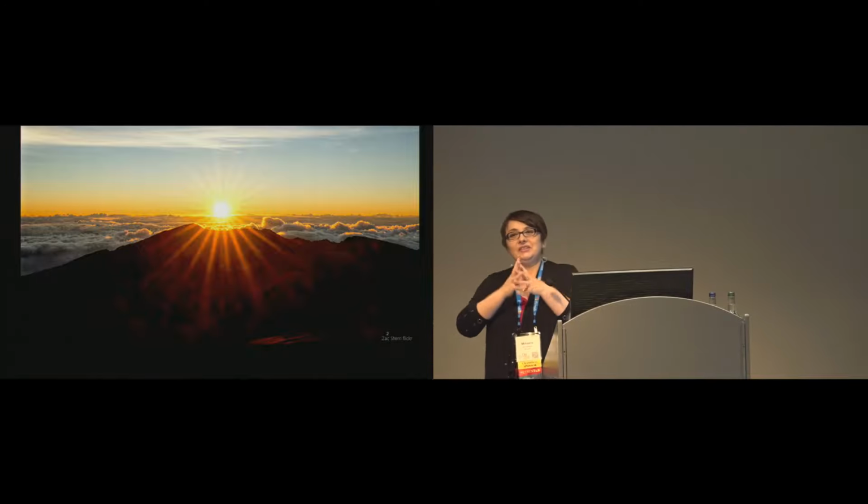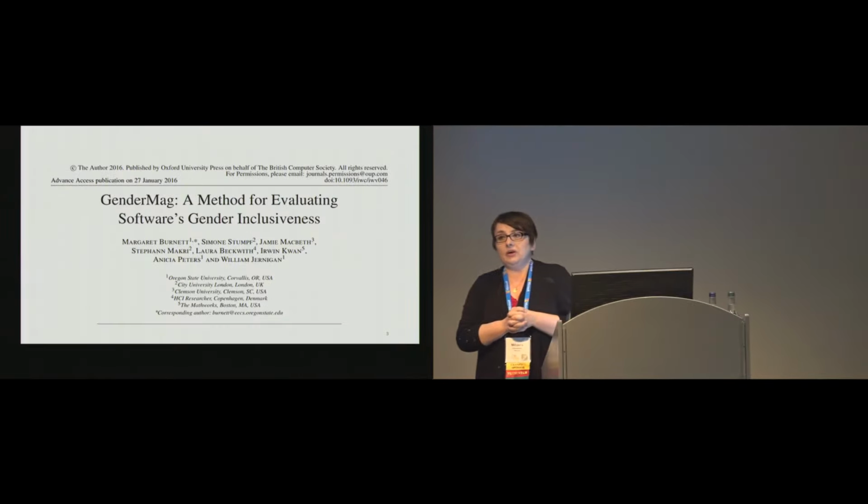If you're interested in identifying gender biases and gender inclusiveness issues on the systems you develop, one method for doing so is GenderMag, which was developed by Margaret Burnett at Oregon State. GenderMag is a usability inspection method in the cognitive walkthrough family, and you can use it to identify cognitive biases on user interfaces.